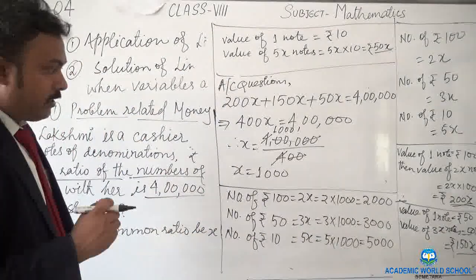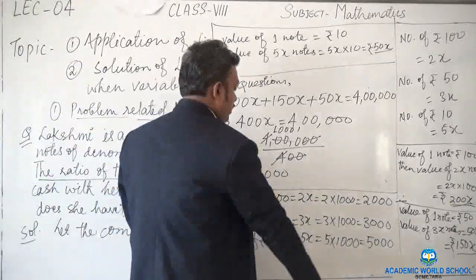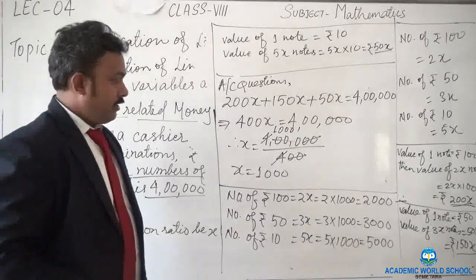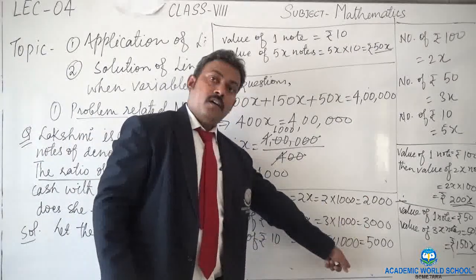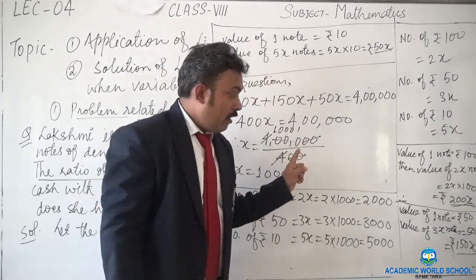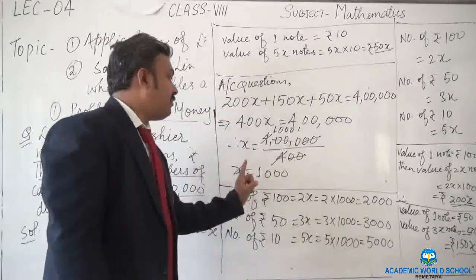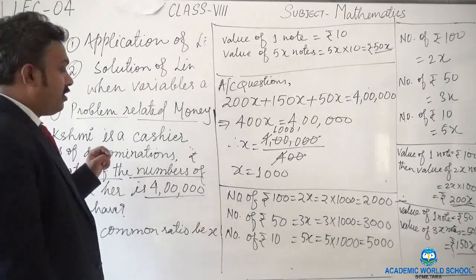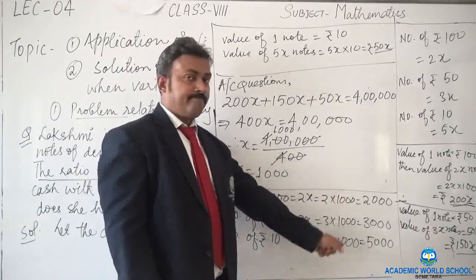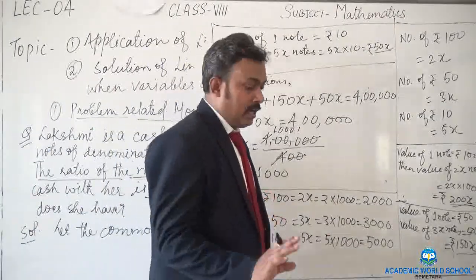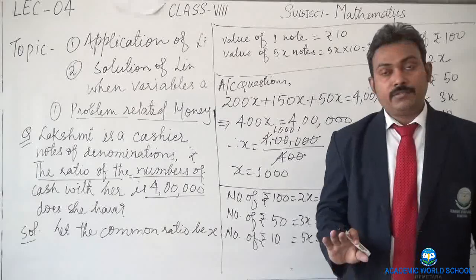Or there is another method, which is just to get the ratio of the number of notes. If the ratio of the numbers is as it is asked in the question, then the values we have got are the correct values.